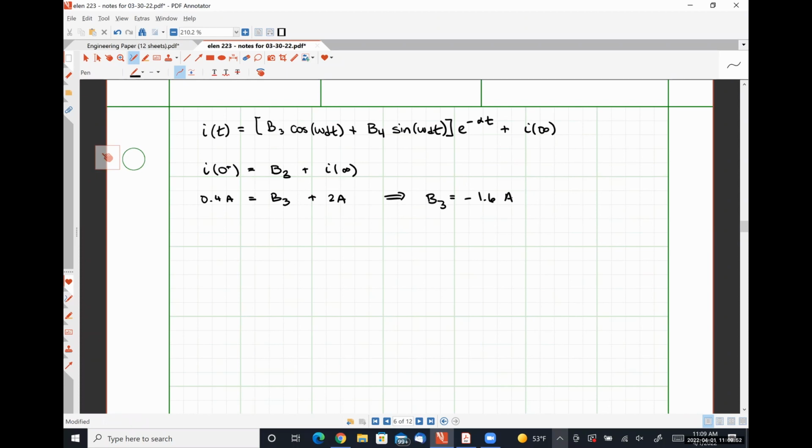Now we're going to use our derivative-based relationship, which is the inductor voltage, to determine the value of B4. So the voltage drop across an inductor, v_L(t), is L di/dt, which is going to look like L times whatever the table tells me the derivative looks like, which is the purpose of making the table.